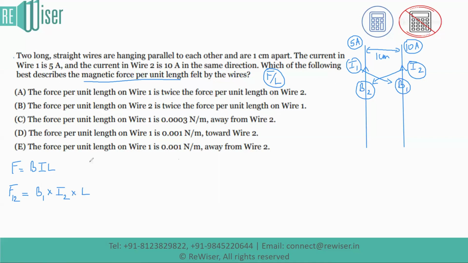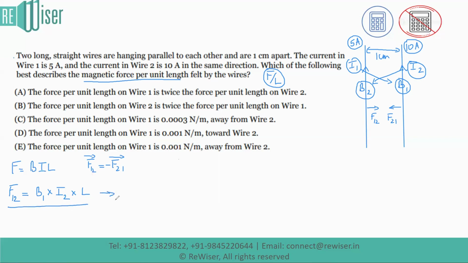We know length is infinite, so we'll make some adjustment for that. We know by logic that F12 will be equal to F21, albeit in the opposite direction. This is basically attraction. So the two wires, let's say this is F12, this is F21, will attract each other with a force that is equal to this.